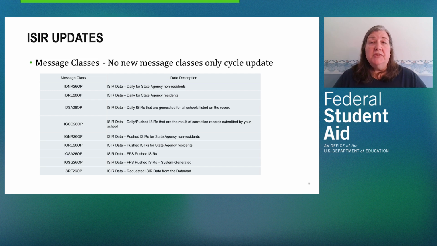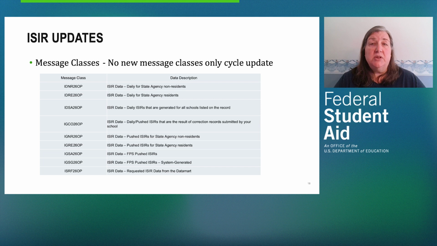So in general, the story around our ICERs is the same as around the FAFSA processing system: since there wasn't any question changes, there's been basically almost no changes to the ICER record layout itself. The first thing is the message classes. So there are no new message classes for the 25-26 cycle.